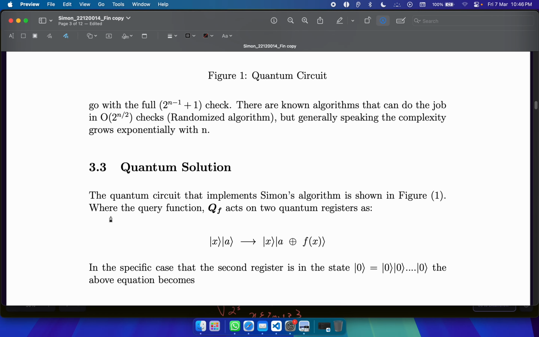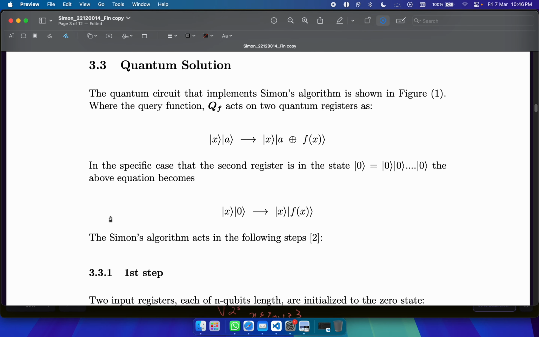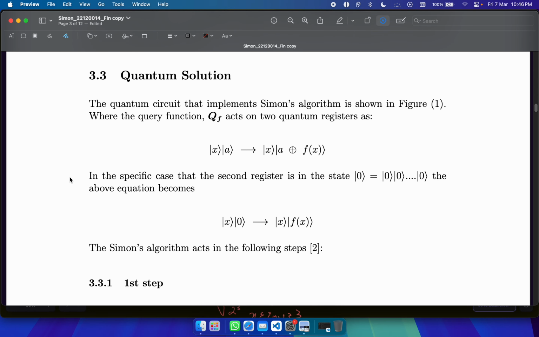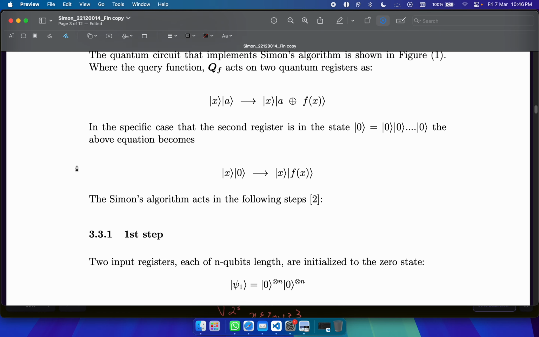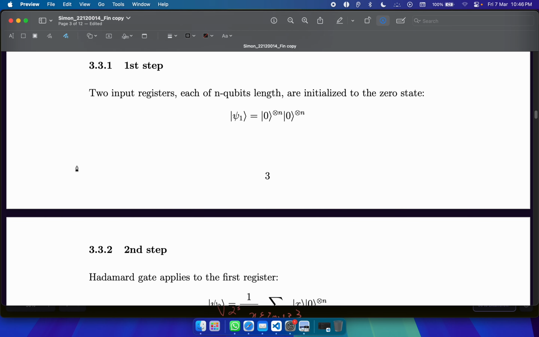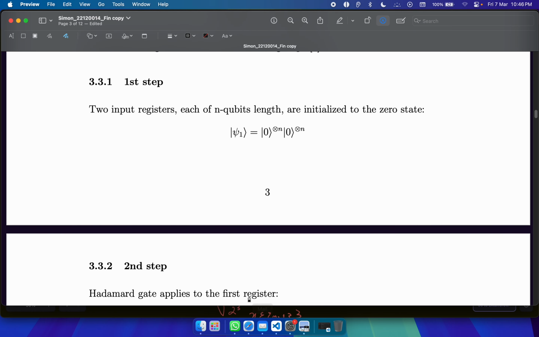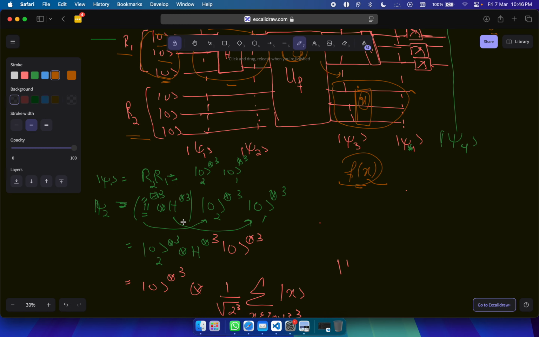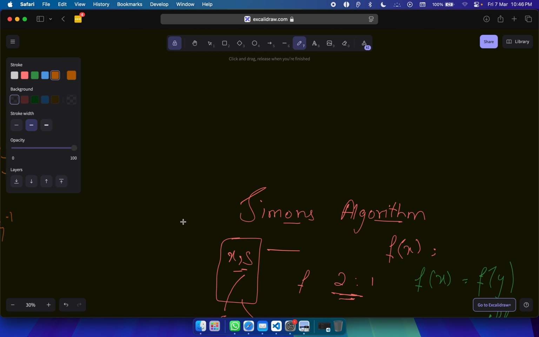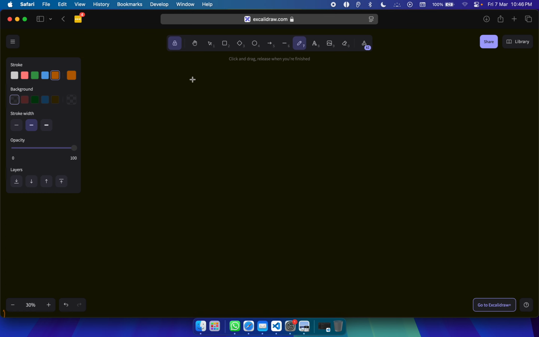Going a bit further, it explains what we are actually getting. Consider this to be our first stage: 0, which contains n qubits, and then 0, which contains n qubits.